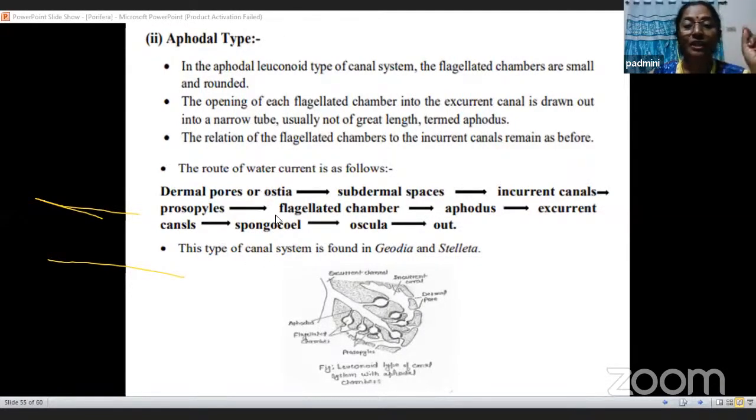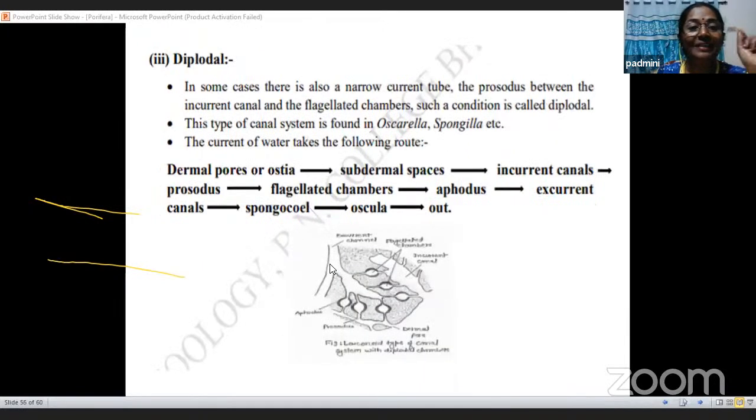So dermal ostia, subdermal spaces, then into the prosopyles, from the prosopyle into the chambers to aphodi or apopyles if present, and then from the apopyles they go into the spongocoel out to the osculum. So that is the aphodal type of canal system.